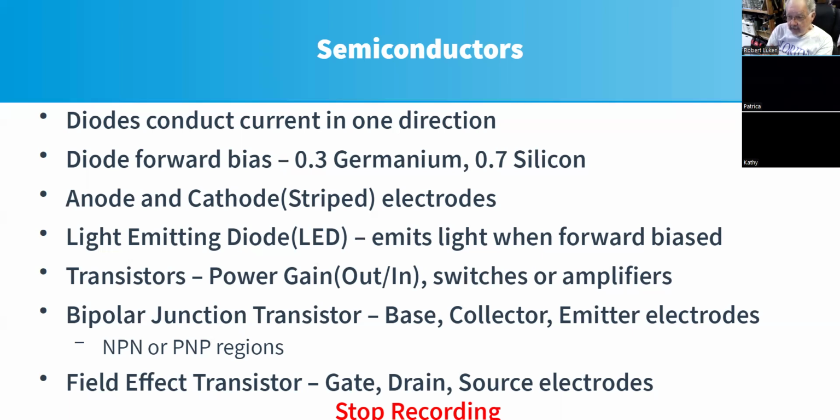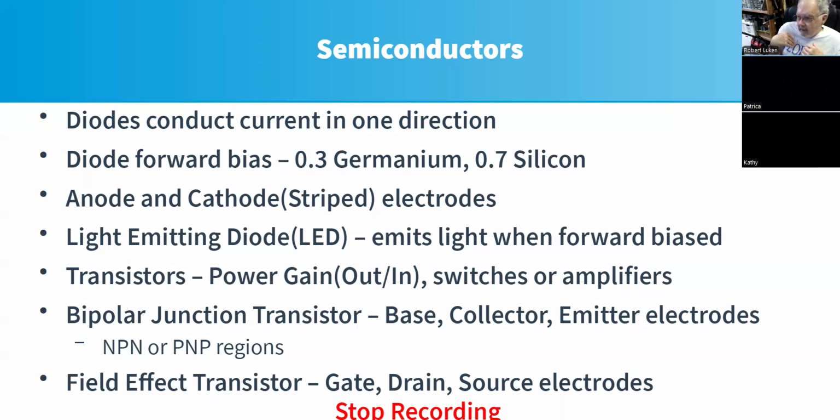The other type is called a field effect, and it's more like a vacuum tube where it's controlled by a voltage instead of a current. And we label the elements differently. They're gate, drain, and source, where in this case, because they were developed later, they're referring to electron movement. So the source of electrons would be equivalent to the emitter on a bipolar, and the drain would be equivalent to the collector.